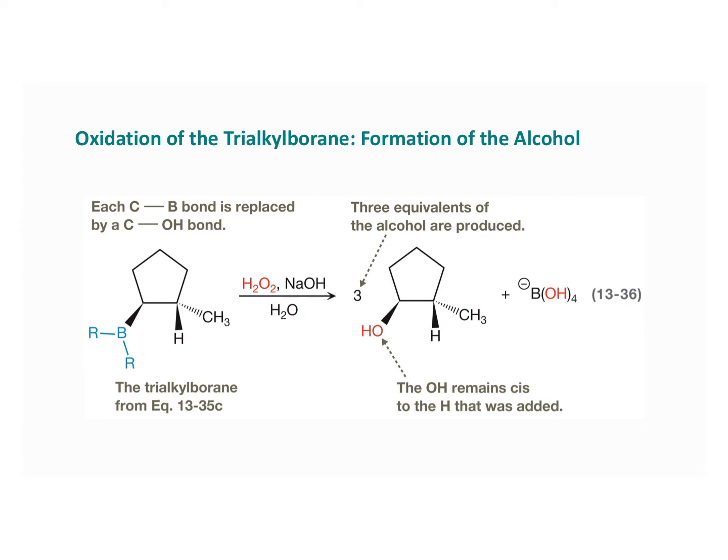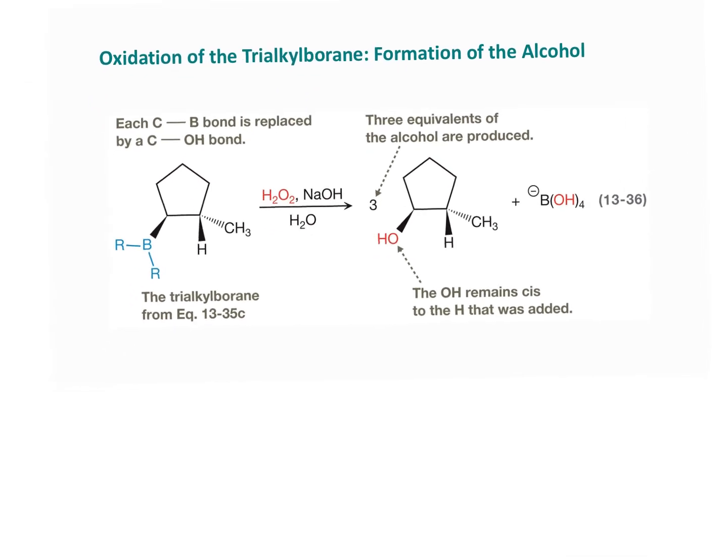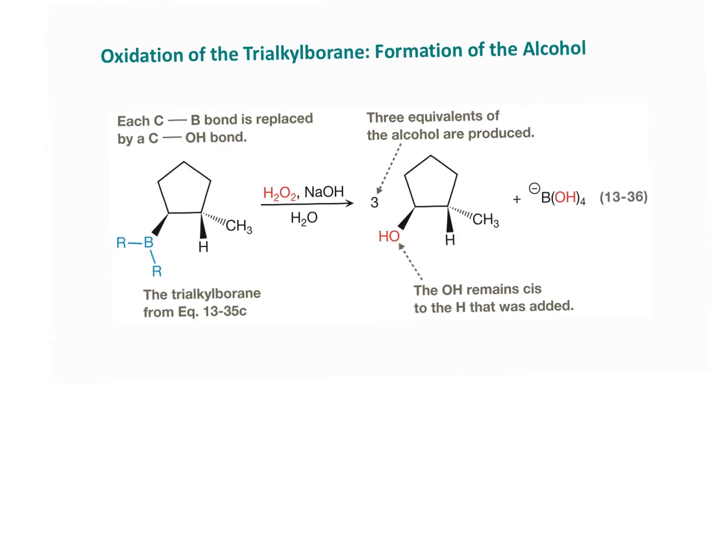So this is showing that after an alkene has undergone hydroboration, treatment with a basic solution of H2O2 is what produces that alcohol. And so you can see the alcohol here. Notice some features of this particular oxidation. Each of the carbon boron bonds is replaced by a carbon OH.